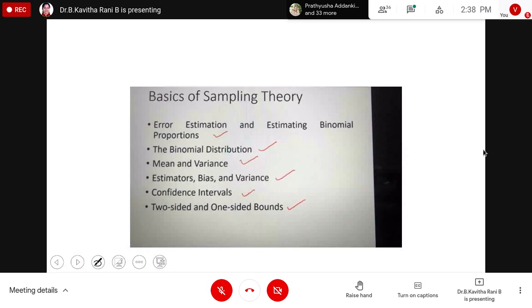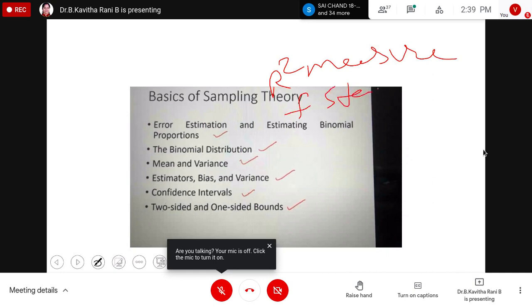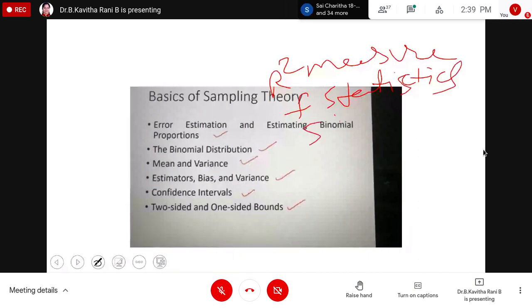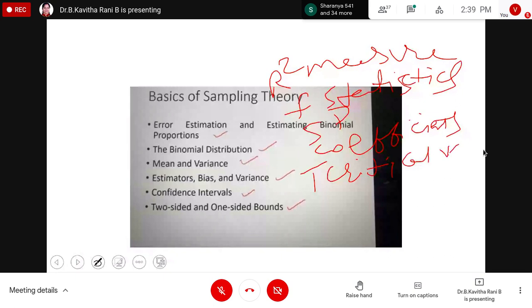Because machine learning models give lots of details like R square measure, F statistics, standard deviation, coefficients, T critical value, Z value.